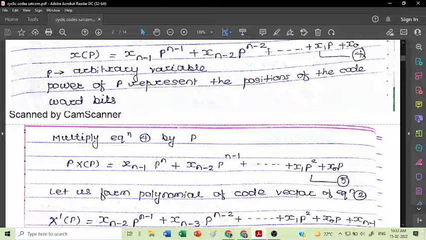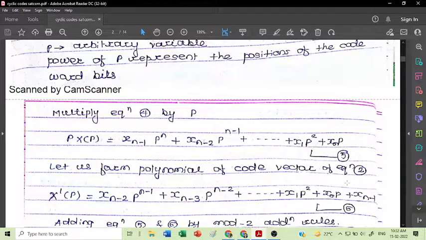P raised to power n minus 1 plus power of p is 1, therefore the 1 gets cancelled and it is x of n minus 1 p to the power n. Like this, x of n minus 2 p to the power n minus 1. The power will decrease by 1, up to plus x1 p to the power 2 or p square plus x naught p. Give it as equation number 5.